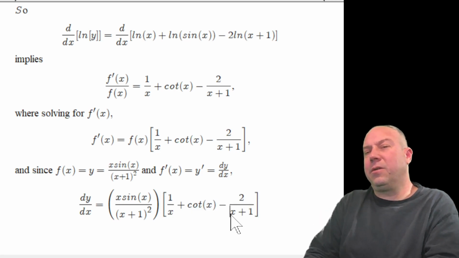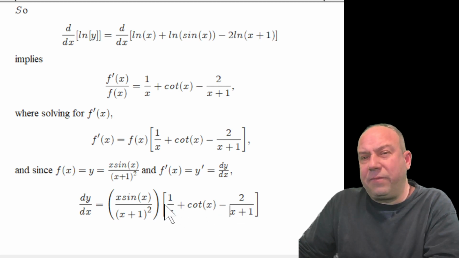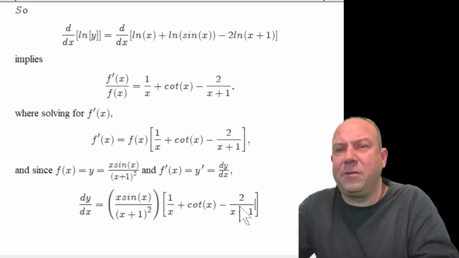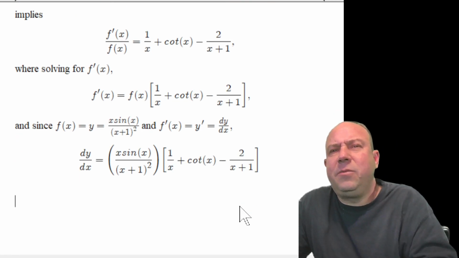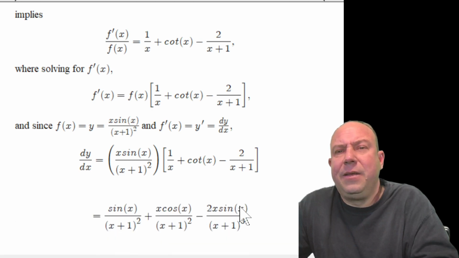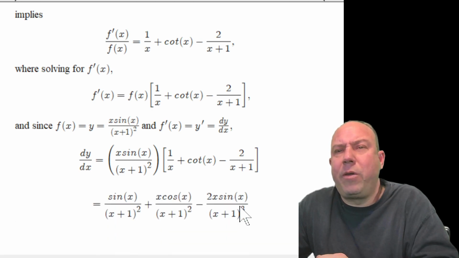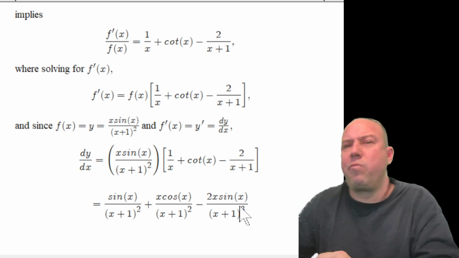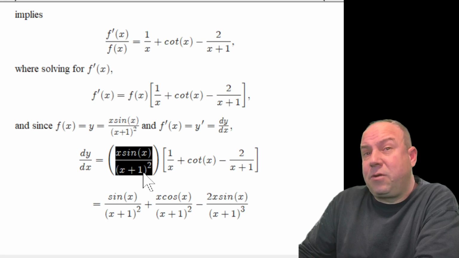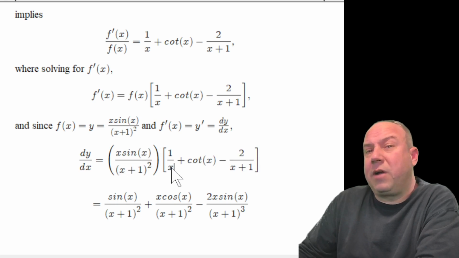Now here, the easiest way to start simplifying this perhaps might be to combine the right-hand side into a common denominator, is my thought. Let's see what I did here in the notes. Oh, no. You can see what I did here is I went ahead and distributed. When I distribute the x sine x over x plus 1 squared to the 1 over x, the x's will cancel in the numerator here with this x in the denominator.